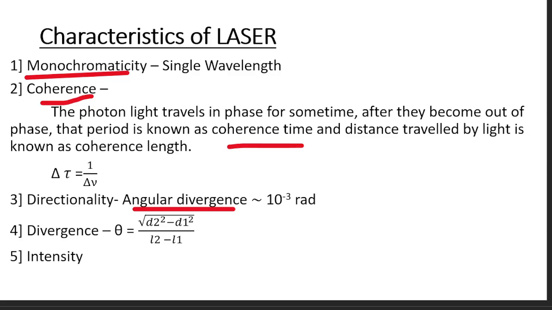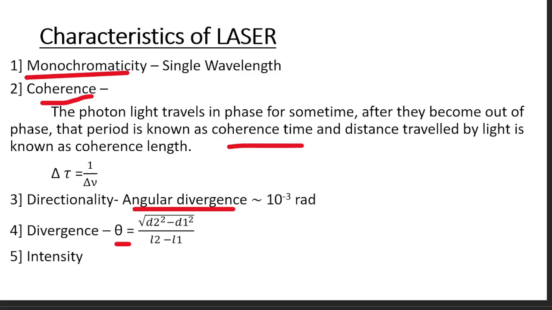This divergence is given by the formula theta equals square root of d2 square minus d1 square divided by L2 minus L1, where d2 and d1 are the diameters of the laser spot produced on the screen, and L2 and L1 are the positions' lengths.